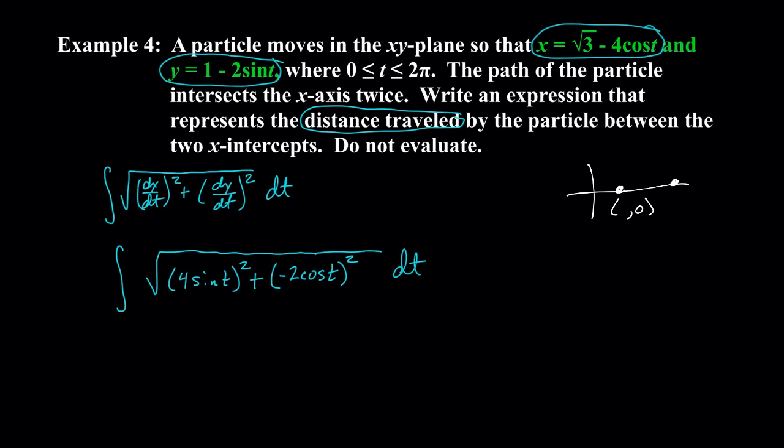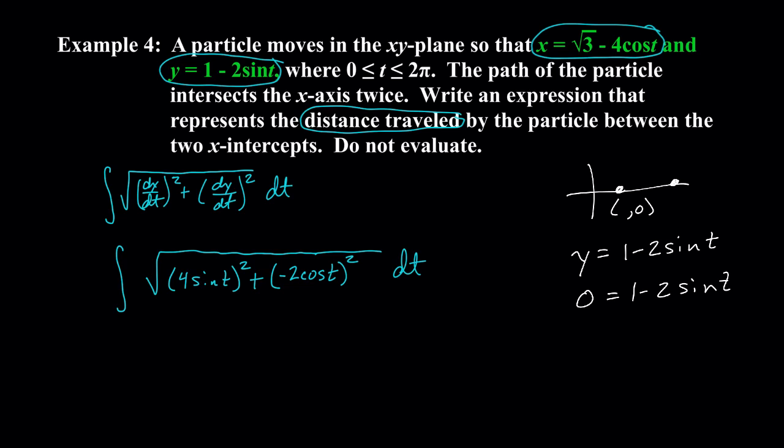And our y equation is y equals 1 minus 2 sine of t. So all we got to do is put 0 in for the y component and find out what t is when y is 0.